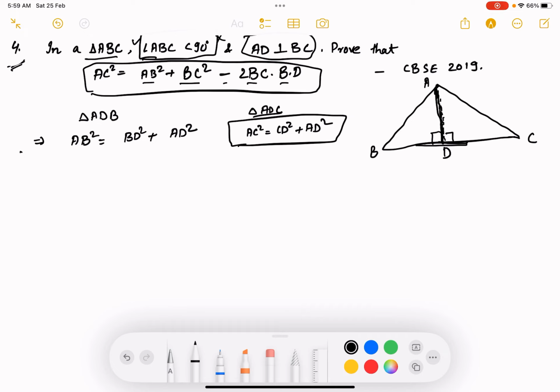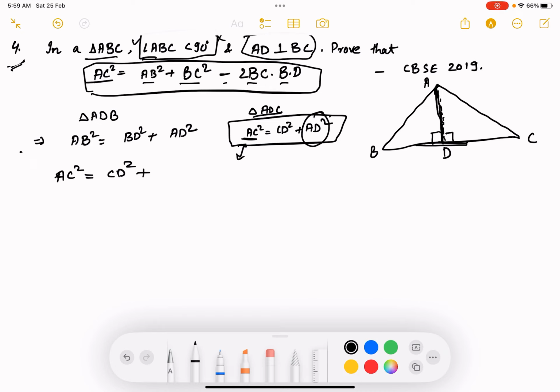So this AC is what we want, so let's take this equation and move further. We have AC square is equal to CD square plus AD square.